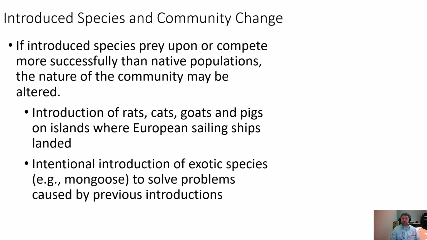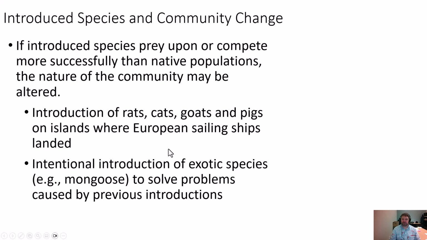In a few minor cases it worked, but in the majority of cases, what it did is it just introduced a new predator that fed at a different trophic level. And so, yeah, they might feed on some rats, but maybe they eat more native marsupials. Maybe they eat other things. And so that's normally what happened.